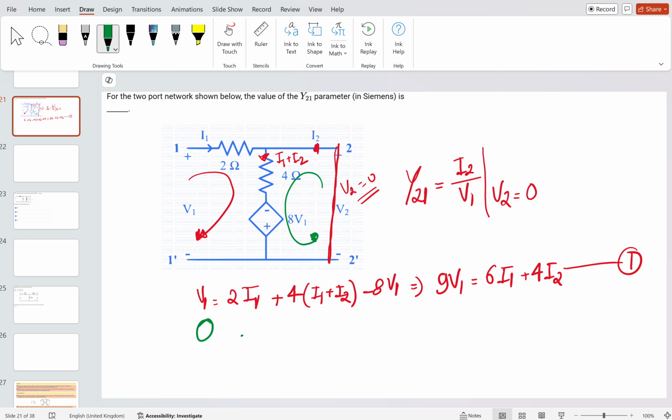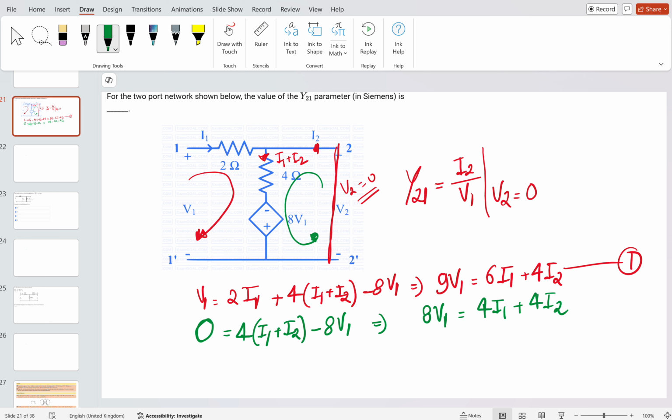Because V2 is already 0, it will be 4 times I1 plus I2 minus 8 times V1. Simply you can write it like this: 8 times V1 is equal to 4 times I1 plus 4 times I2. That is simply the same equation, I think. That is simply the same equations which are coming.